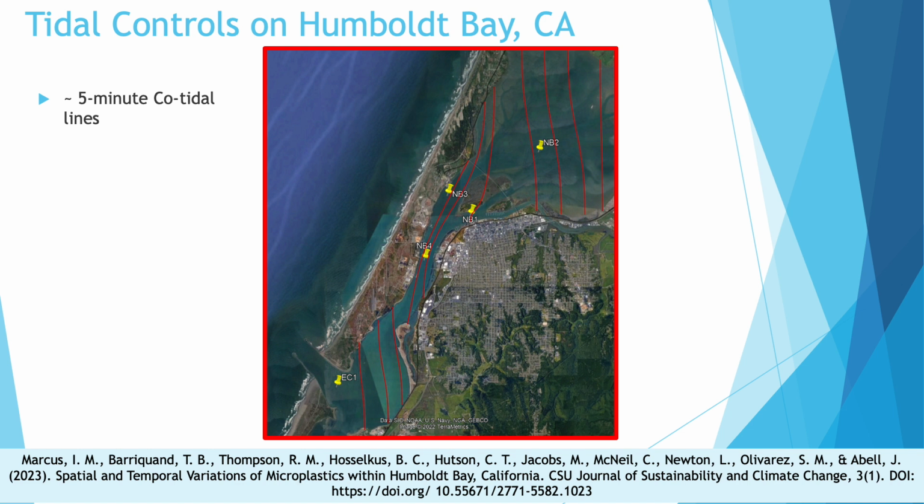So these are co-tidal lines. They're 5-minute co-tidal lines that were drawn by Izzy Marcus for this paper on microplastics. And we can see how that tide is propagating in the bay, looking at those co-tidal lines.